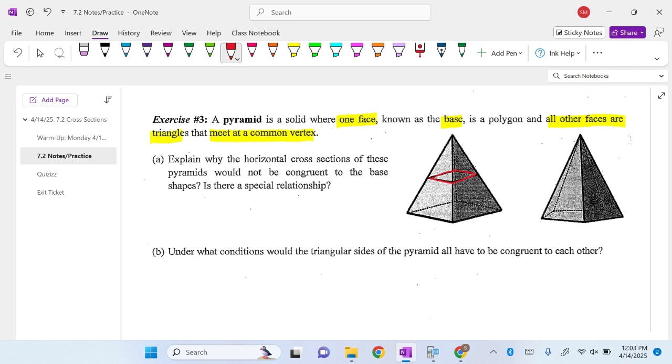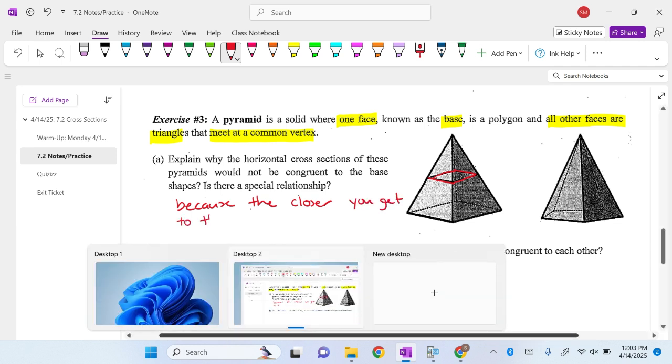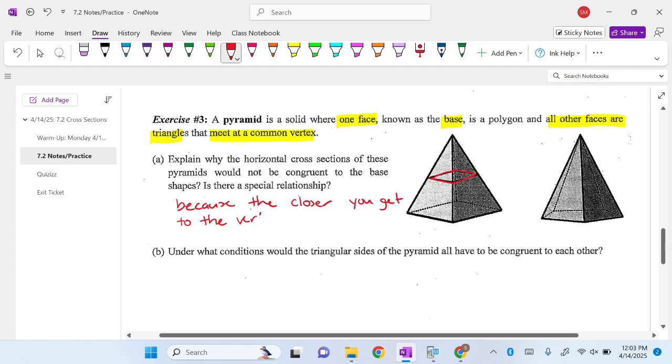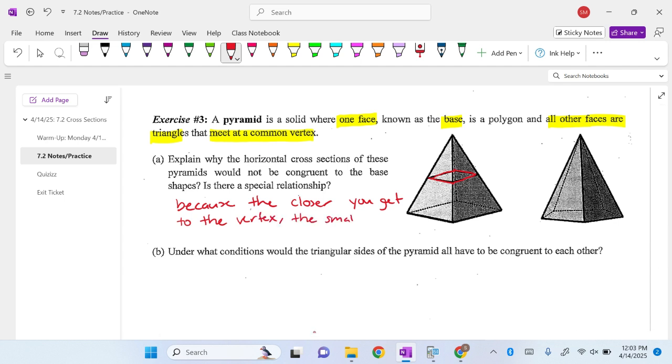All right. So they would not be congruent to the base because of that. The closer you get to the vertex, the smaller the cross section.